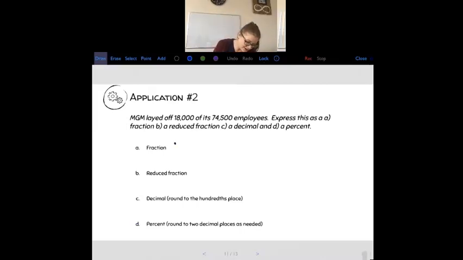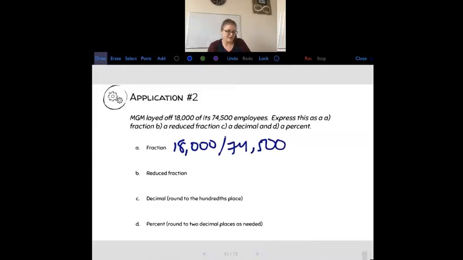So as a fraction, you just take the numbers given, okay, 18,000 out of 74,500. To write this as a reduced fraction, I recommend using your calculator. So, and then as a decimal, you would take 36 divided by 149, and we're rounding to the hundredths place, so this would go out 2 decimal places.